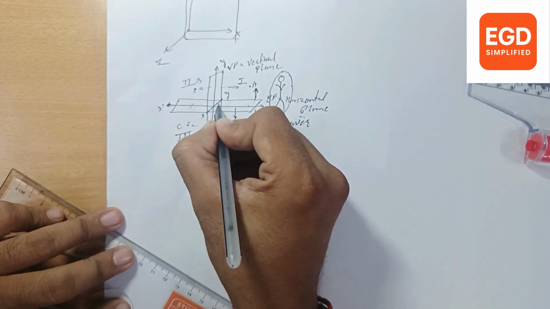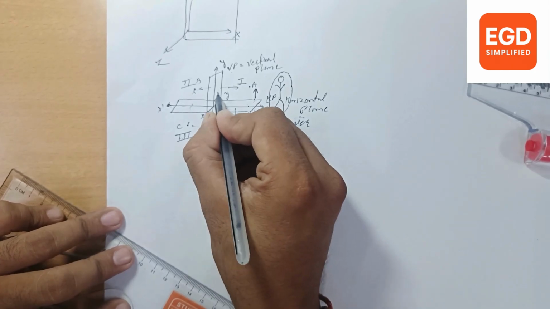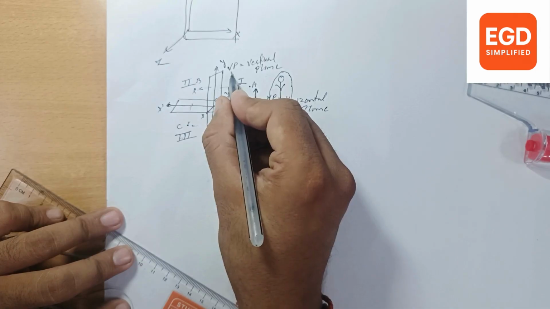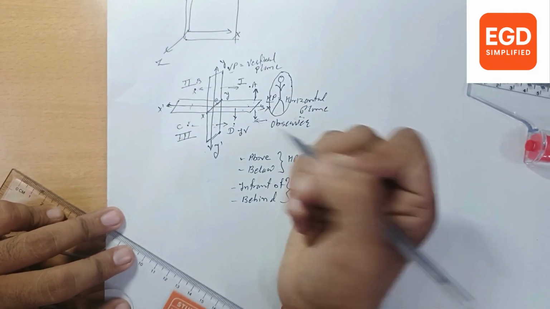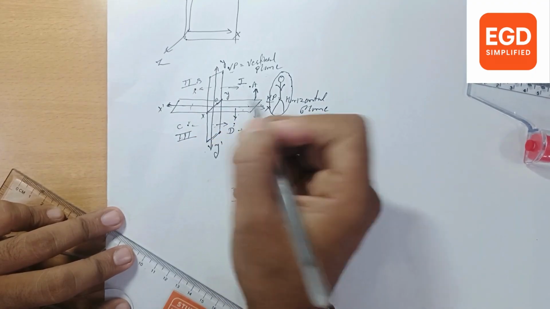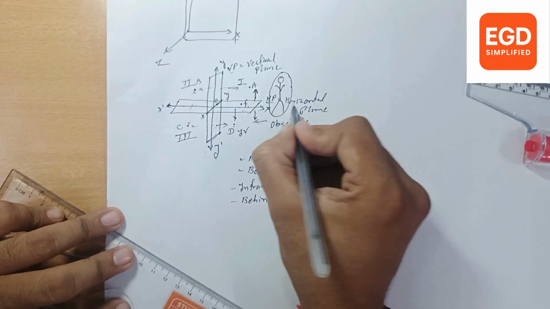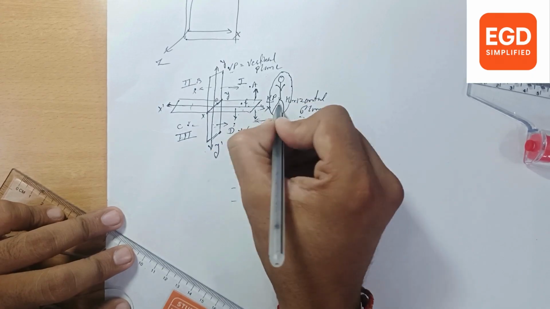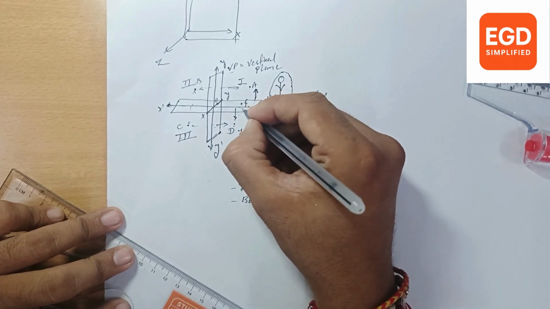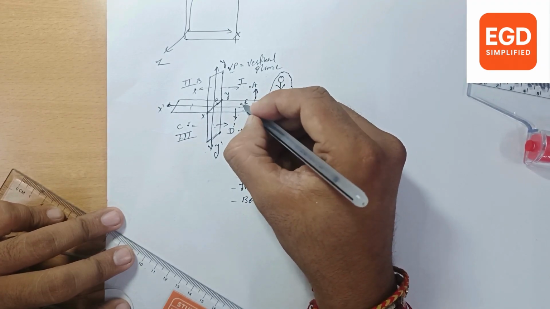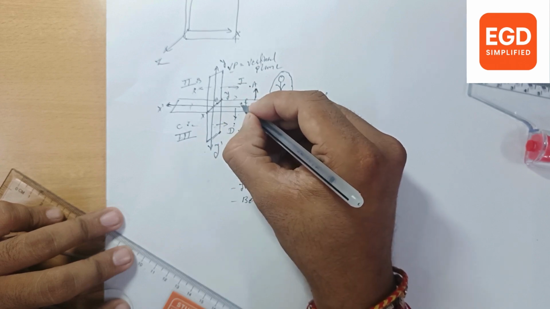Suppose your point E is here, so we can say point E is on both planes, the horizontal plane and the vertical plane, or we can say point E is on the XY line. That means it is on both planes. Suppose your point F is here on HP. When we see from the right hand side, where we are standing, we will see our point F is on HP and in front of VP, ahead of the VP plane.